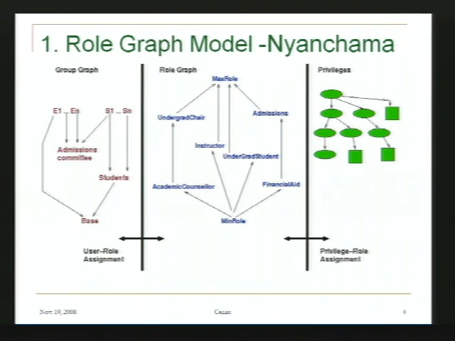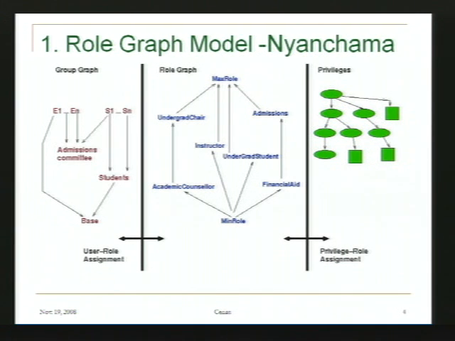Now on the left-hand plane, we have something we call the group graph. And we define a group as a collection of users, full stop. And so you can create groups just because it's handy to have them to assign to roles. So here in this example, we have this admissions committee. It has some university employees, and it has a student.